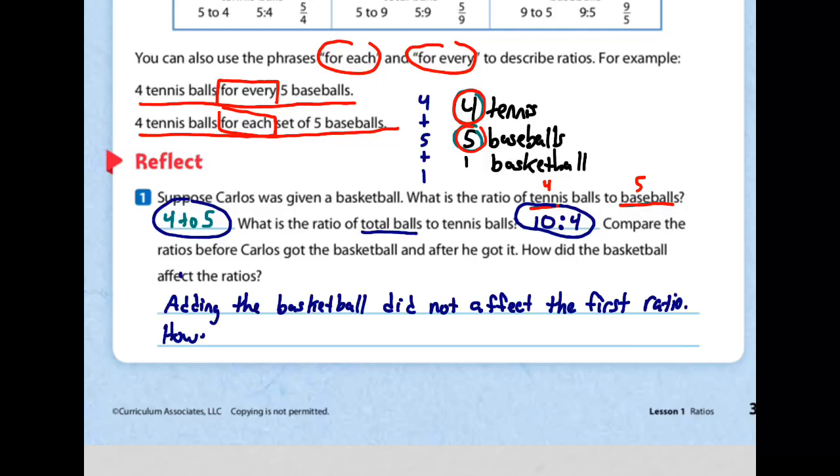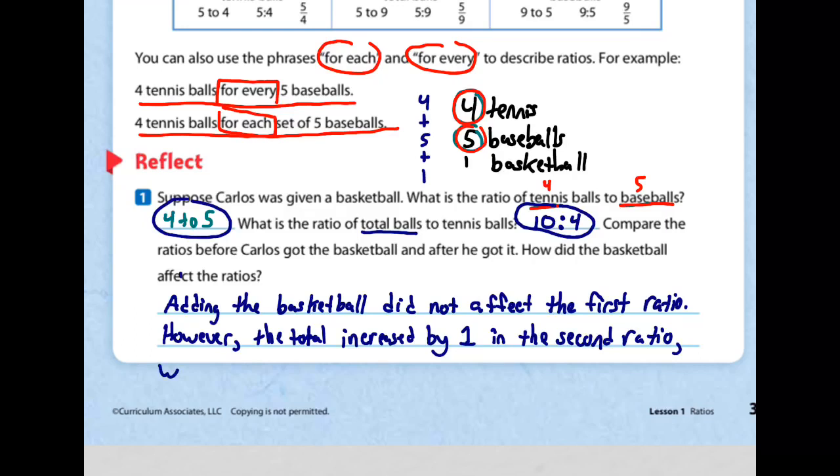However, the total increased by 1 in the second ratio. Which was 10 to 4 instead of 9 to 4. Because remember, before the basketball was added, the total was 9. But after the basketball was added, the total was 10.